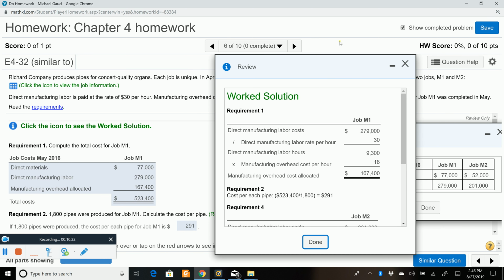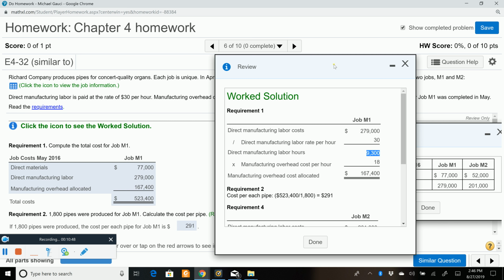All right, first, as we said, the total labor for M1, as was given to us, was $279,000. That's the total labor. We were also told that our labor rate is $30 an hour. So if I take the $279,000 total labor divided by 30, I know that we have worked 9,300 labor hours.